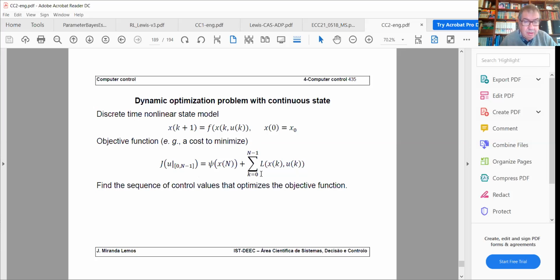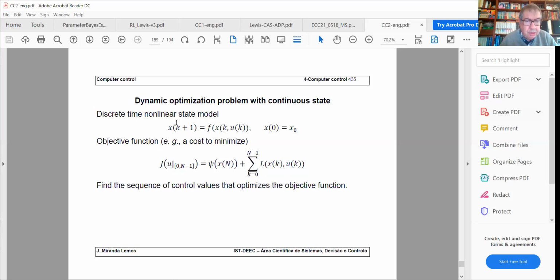And this L is the energy spent every hour or every 15 minutes, and you want to minimize it for a period of 1 day. So if you consider the sampling time to be 1 hour, capital N will be 24, corresponding to the period of 1 day. So we have the dynamics that tells you how the state evolves.